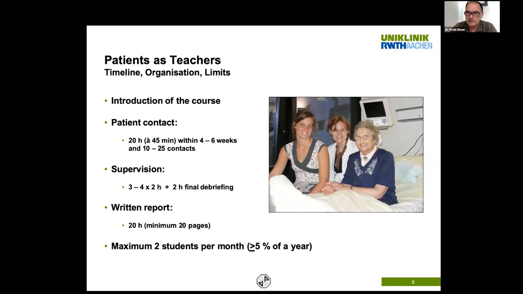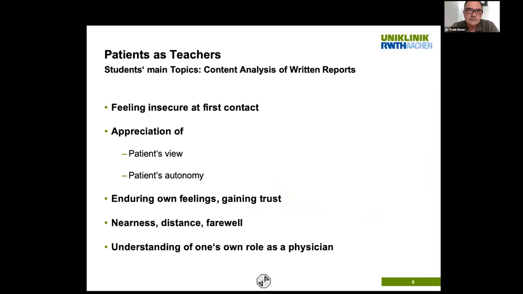We made a kind of content analysis of written reports again and again, and over all these analyses, we found typical topics coming back again and again.